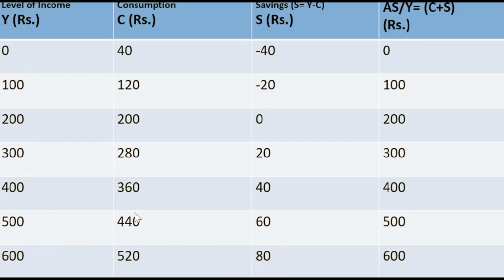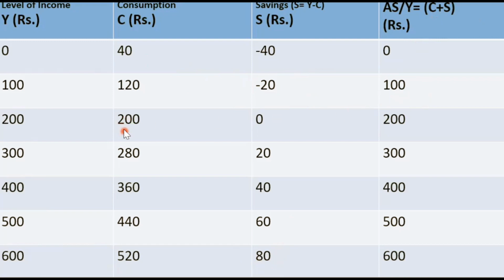Now let us calculate aggregate supply. And how are we going to calculate aggregate supply? C plus S. So C here is 40 and saving is minus 40. So what will be the aggregate supply or income? 0. Consumption 120, saving minus 20. So aggregate supply 100.